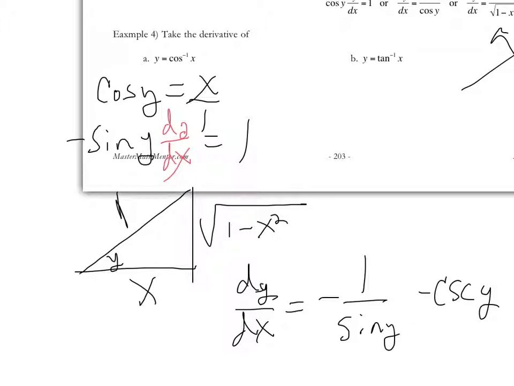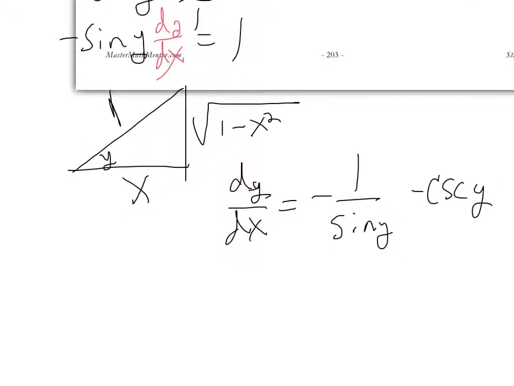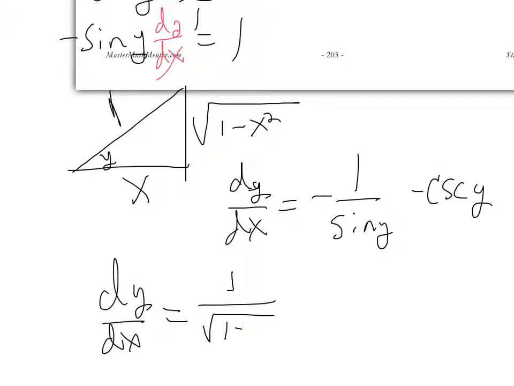The cosecant is the hypotenuse over the opposite, so dy/dx equals 1 over the square root of 1 minus x squared. Oh, and it's negative.